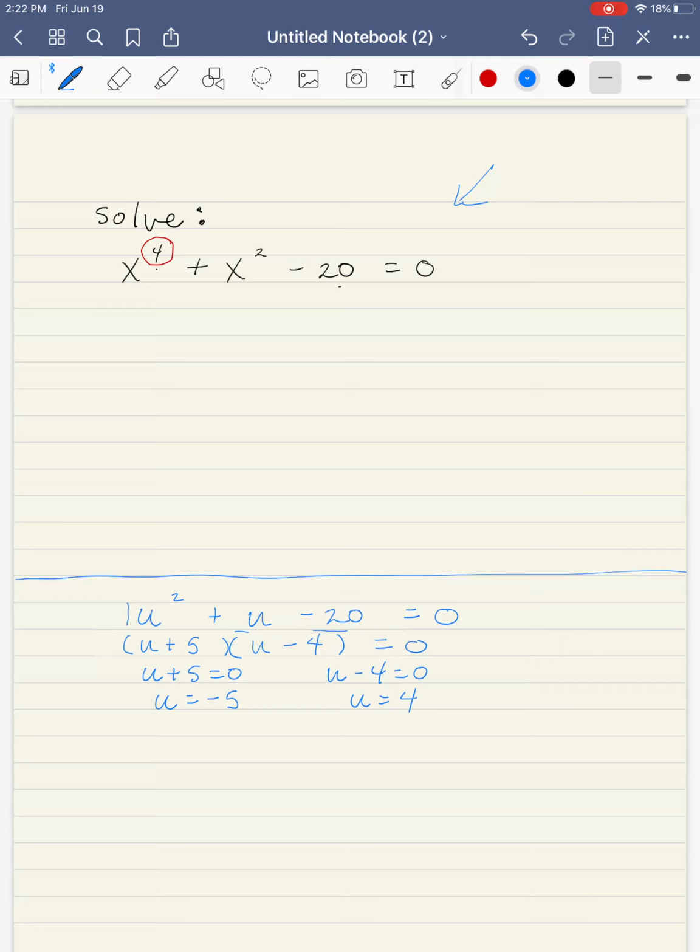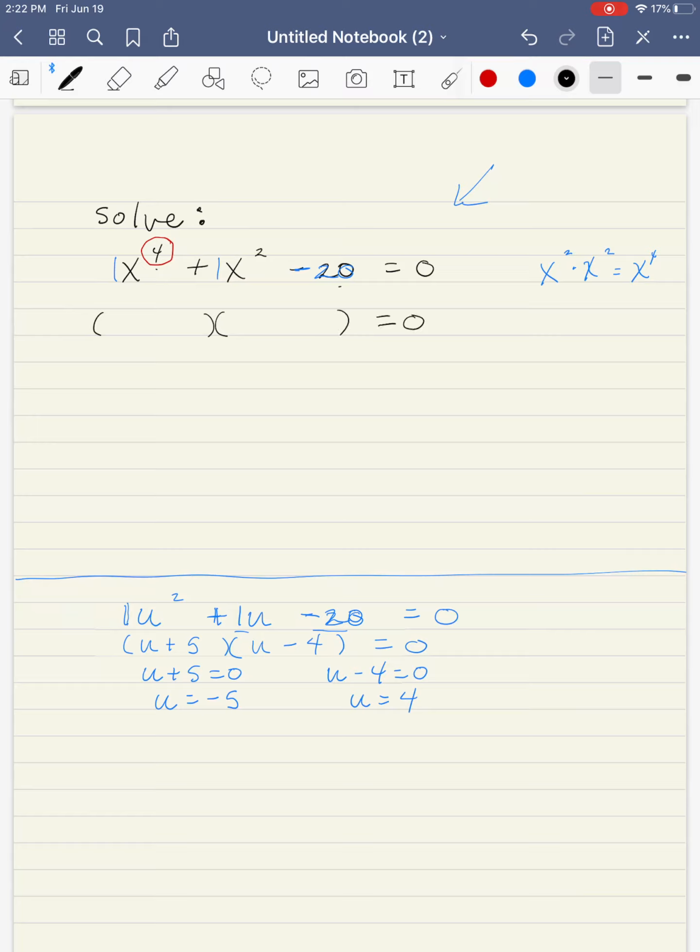What does that have to do with this problem up here? Notice that my numbers, my coefficients, the 1 and the plus 1 and the minus 20, are the same here. And notice that if I multiply x squared times x squared, I get x to the 4th power.